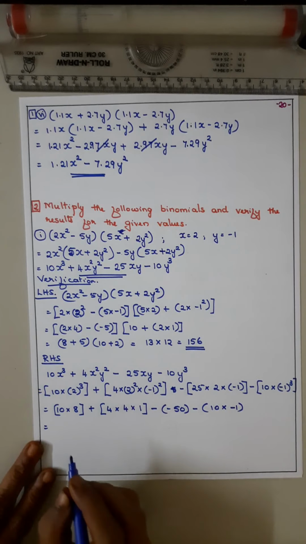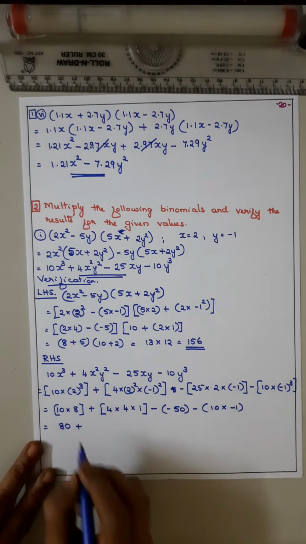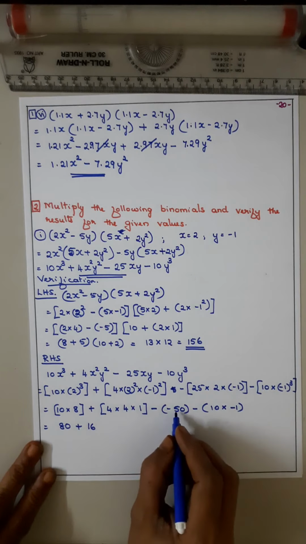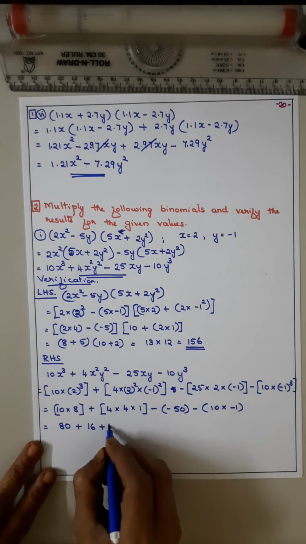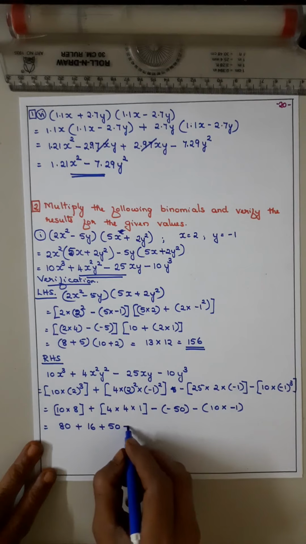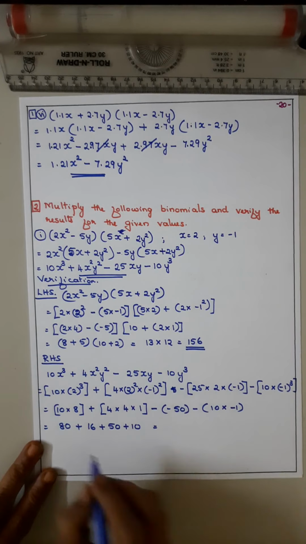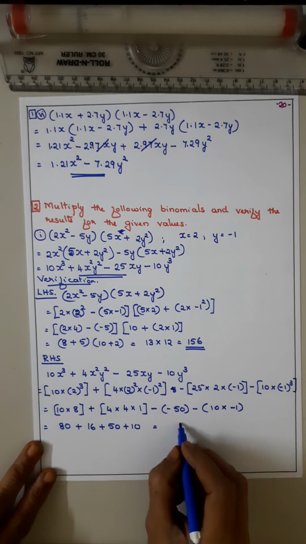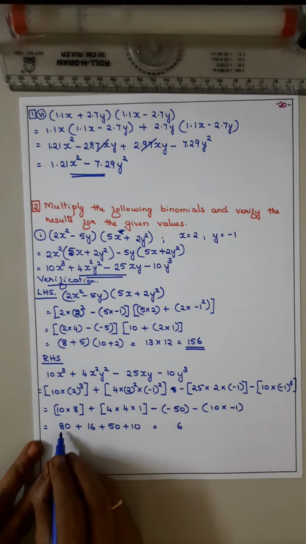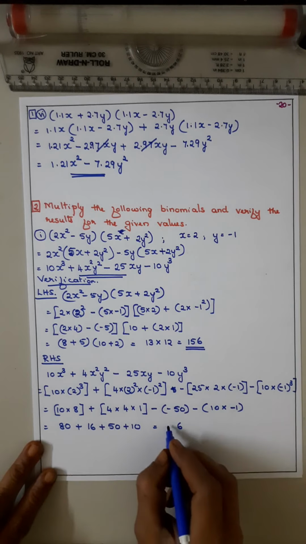Okay, now it is 10 8s are 80 plus 4 4s are 16, minus of minus plus 50, minus of minus plus 10. Now you add all. In the units it is a 6, 10's place 8, 9, 10, 14, 15.